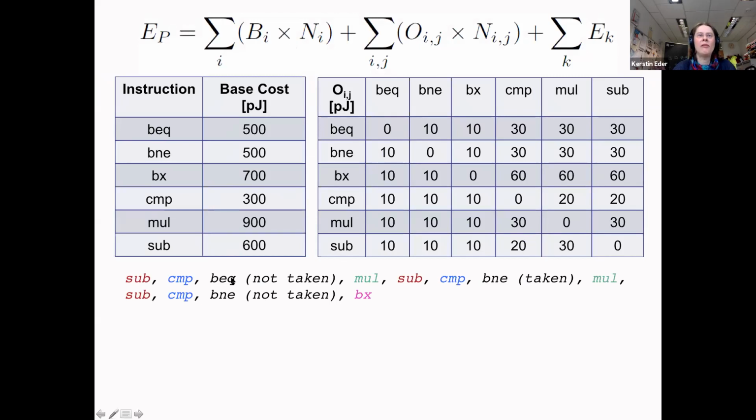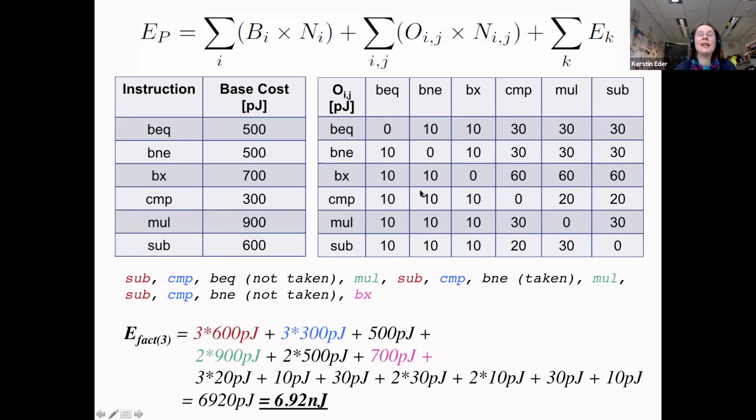For the subtraction, the comparison, and the multiplication, we've got all the base costs and all the overheads, so we can calculate our energy consumed by taking 3 times the subtraction, 3 times the comparison, 1 times the bx, 2 times the multiplication, and then the 2 branches, and also all the overhead costs, right? And so if we do this, we get to 6.92 nanojoule.